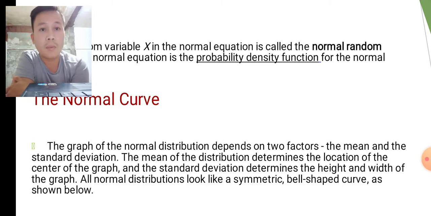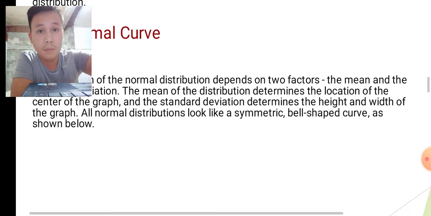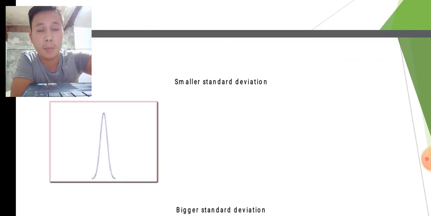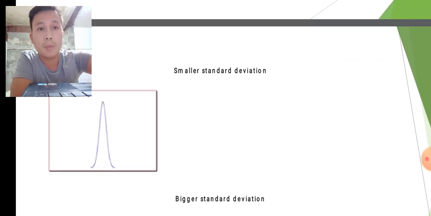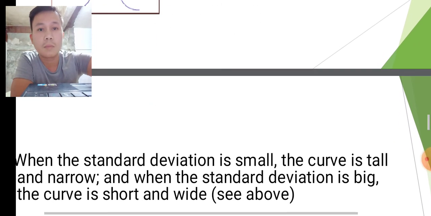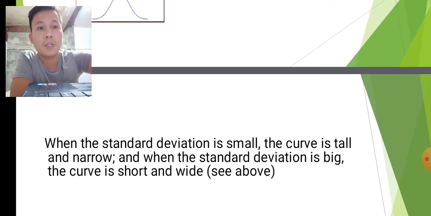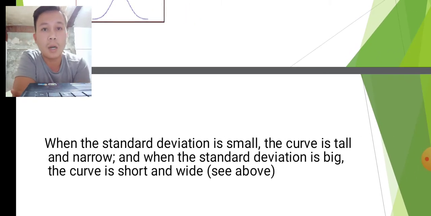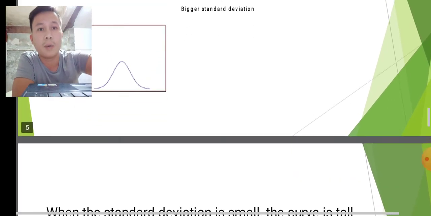All normal distributions look like a symmetric, bell-shaped curve as shown below. This is the example. We have a smaller standard deviation and a bigger standard deviation. When the standard deviation is small, the curve is tall and narrow. And when the standard deviation is big, the curve is short and wide, as you can see above.